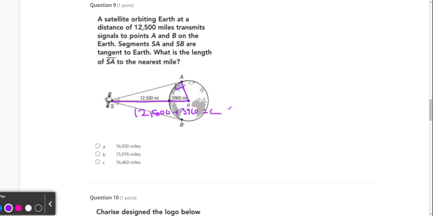That's going to equal the C of our hypotenuse. What I'm looking for is the B, and this radius is the same. So this is 3,960. That's A. So now you're going to do A squared plus B squared equals C squared. And the trick is to know that that tangent makes a right angle. Does that help, Thomas?